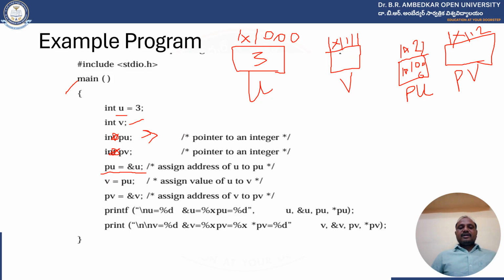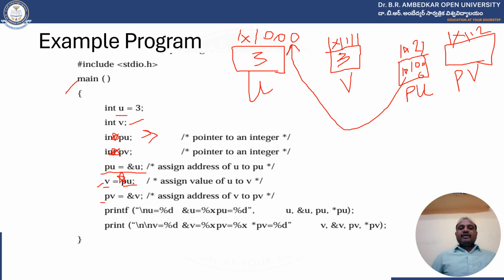Coming to v, we assign star pu. What is there in pu? The address of u. So it will go to that address, and the value there is 3. That 3 will be assigned to v, so the value of v will also be 3.